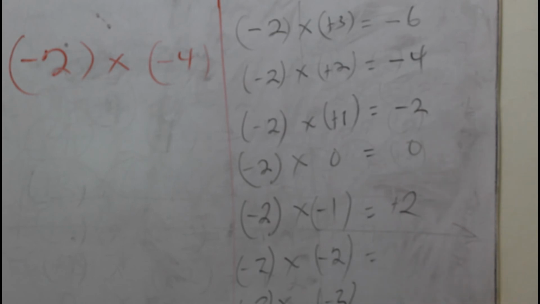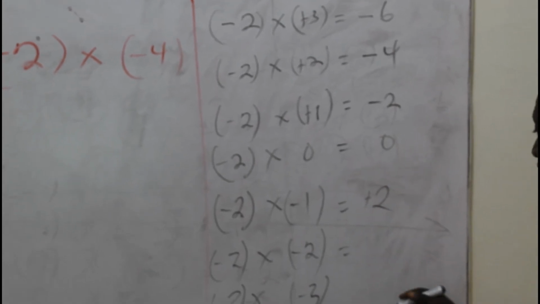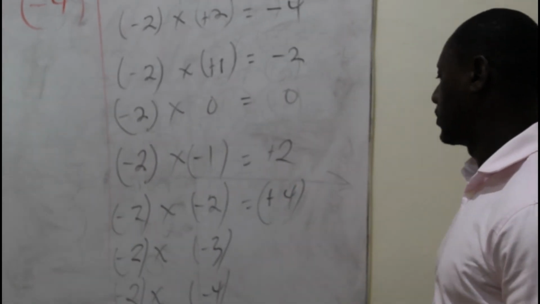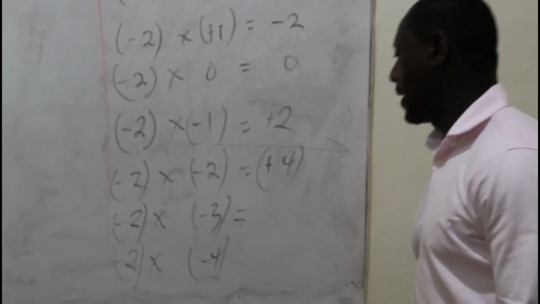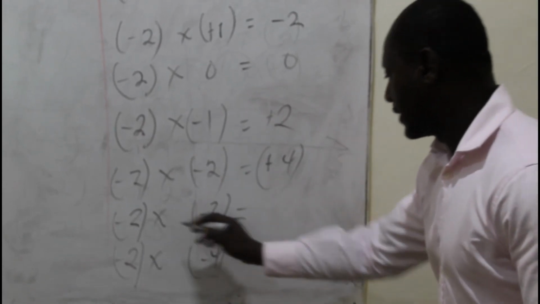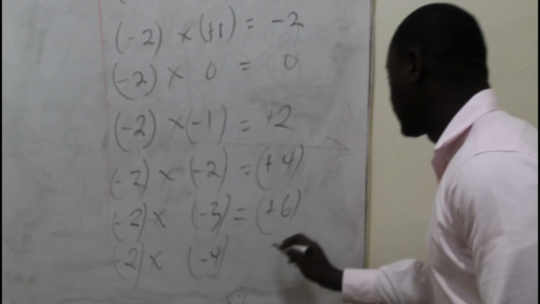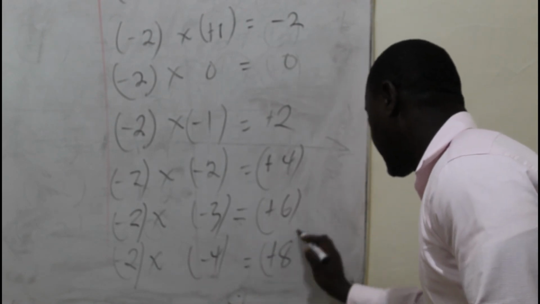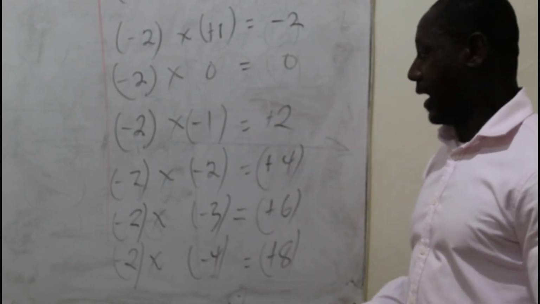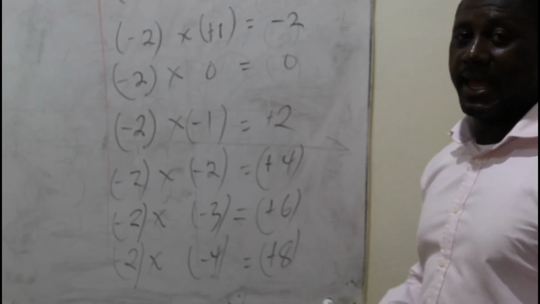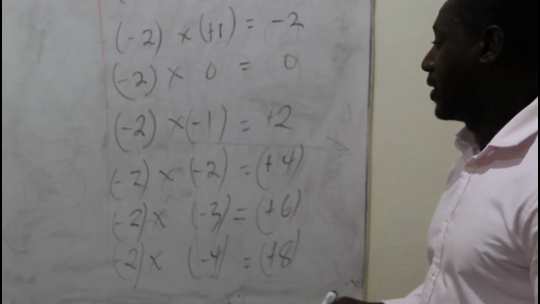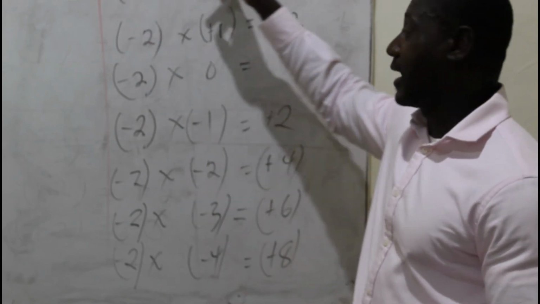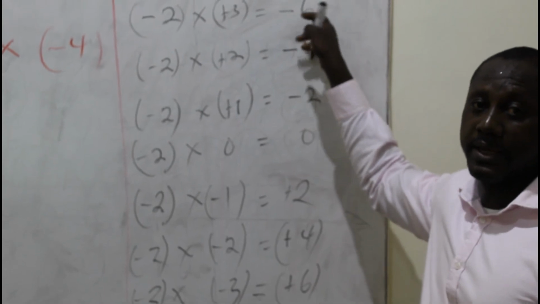Then they come here. It is now going to increase in 2's. So this one is going to give them positive 4. When they come here, it is also increasing. This one is going to give them positive 6. And when they come here, it's also going to give them positive 8. So they can continue on. And then when they are done with that, it is there they can draw their conclusions that when we multiply a negative by a positive, the answer is going to give you a negative number.